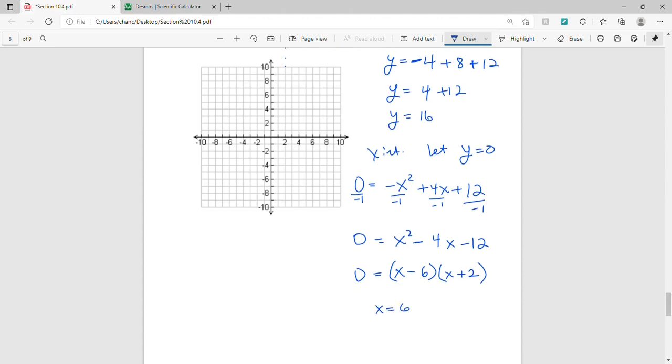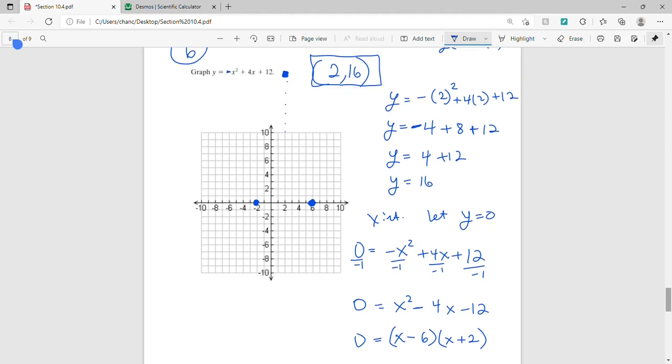We have x equals 6 or x equals negative 2. Set each of these factors equal to 0. And so we get 6, 0 as one x-intercept, and the other one is negative 2, 0. So we'll put 6, 0 and negative 2, 0 as our x-intercepts.